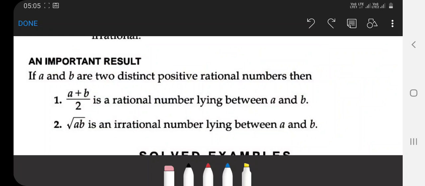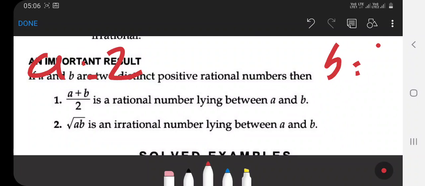The second result: root over AB is an irrational number lying between A and B. A equal to 2, B equal to 4.